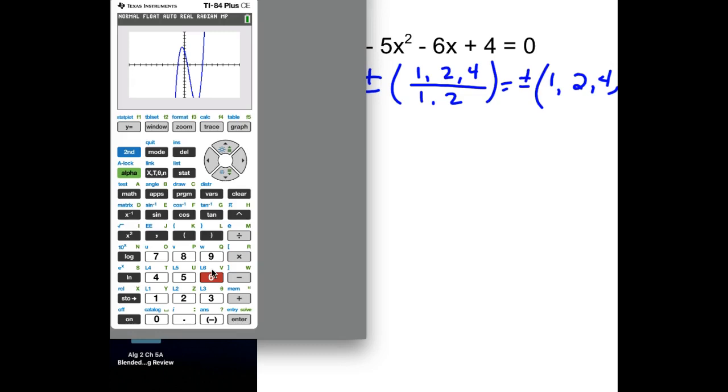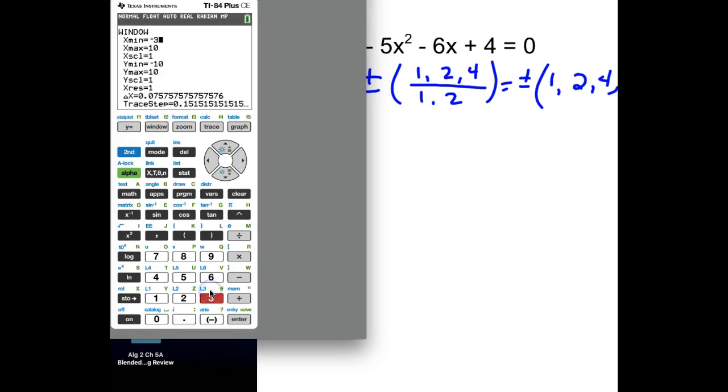And again, we could zoom in a little bit. Let's go from, say, -3 to 5 for our x's, so we're a little closer in there. And let's go from -3 to 3 on this one. Zoom in a little bit.